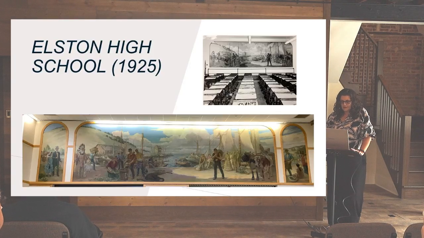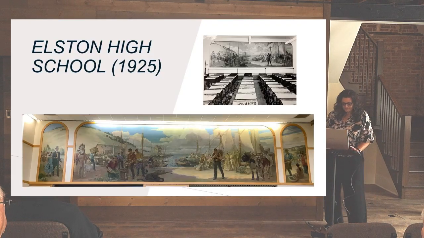I'm sure many students passed it by or looked at it, just probably never thought of anything, but it probably stuck in their mind, because the mural was preserved at a cost of about $10,000, which was funded in part by contributions from several class reunions of former Elston students. So it did make a lasting impression.